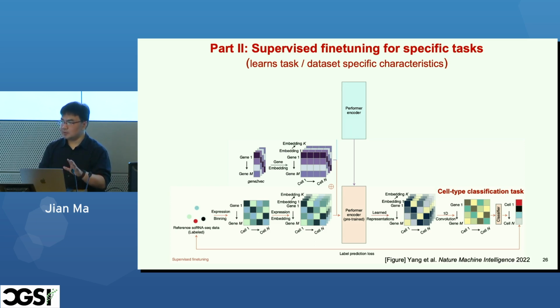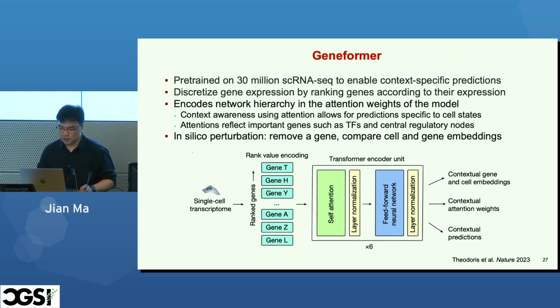Sometimes it's comparable, sometimes even a little worse, sometimes a bit better, but overall it's moderate. And we could get to that when we discuss the future. In another recent method, Geneformer, they also train on many different single-cell RNA datasets.